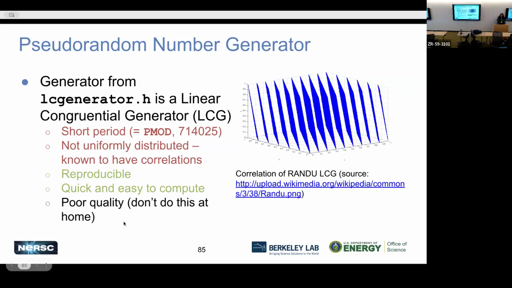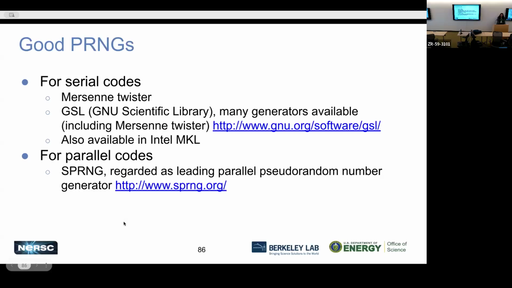If you really want one for serial codes, I recommend the Mersenne Twister. The GSL, which is the GNU Scientific Library, includes the Mersenne Twister. Also, the Intel MKL library has a Mersenne Twister. And for parallel codes, I recommend one called SPRNG, which is the leading parallel pseudorandom number generator.